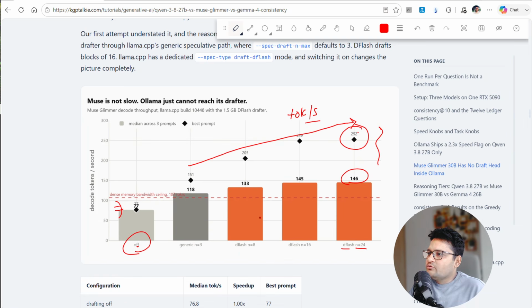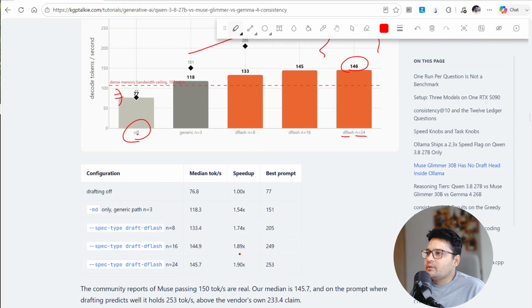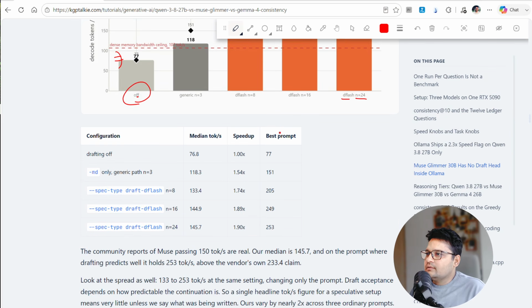Overall, what you are currently seeing here is content dependent. For some content, you might get a higher speed, but for some content, you might get a lower speed. Because of that, in various benchmarks you will see different numbers, because of the different kinds of problem statements.